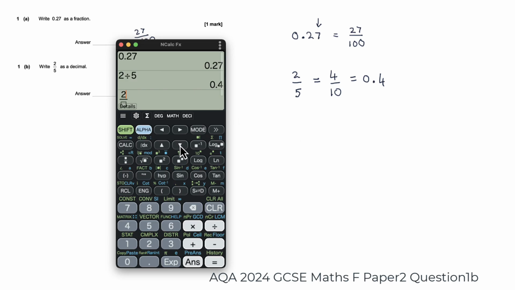I would use this arrow to do that. You can see it's now down at the bottom, and I would enter a 5. And now I should press equals, and there's 2/5 exactly the same as 0.4 as before.